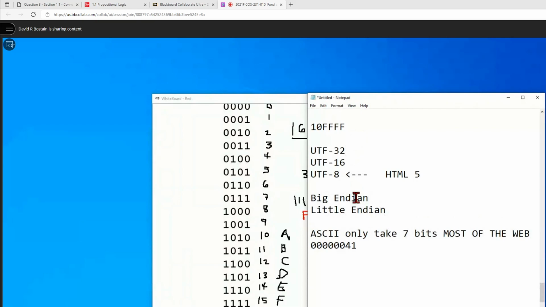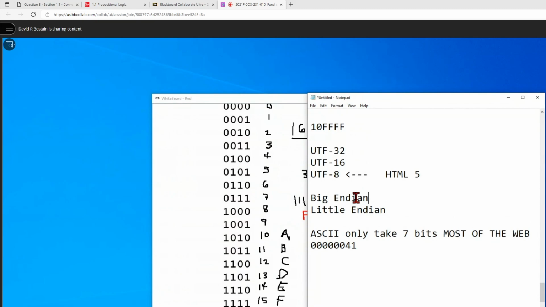What they have to do with is a Gulliver's Travels story, where the people were in a big argument about which end of their egg they should stand the egg on, the big end or the little end. And so they were either on the big end side or the little end side. My story's not exactly correct either, but that was taken to mean describing how we're going to write numbers.